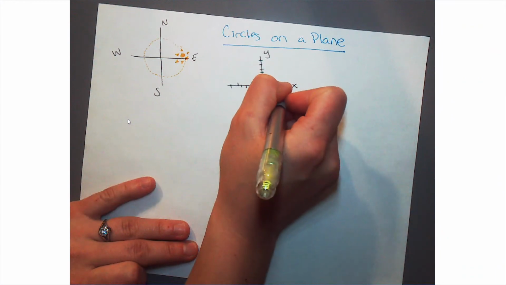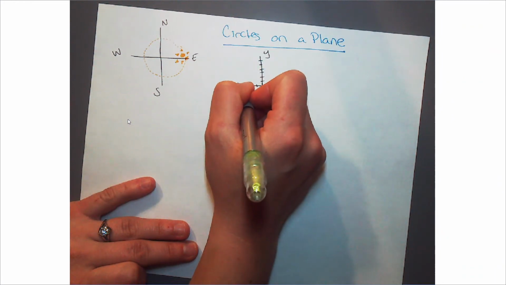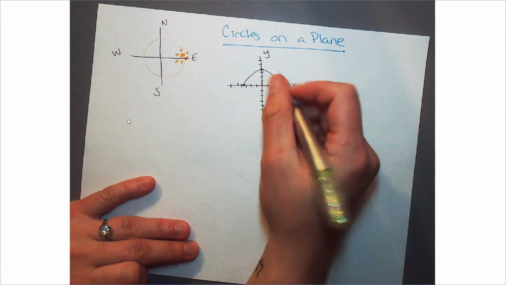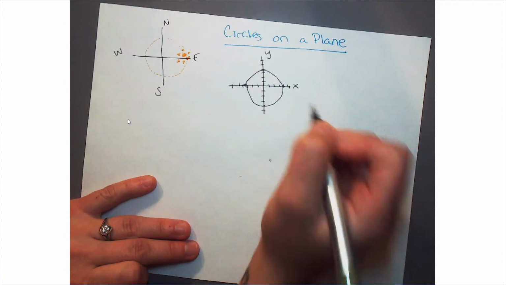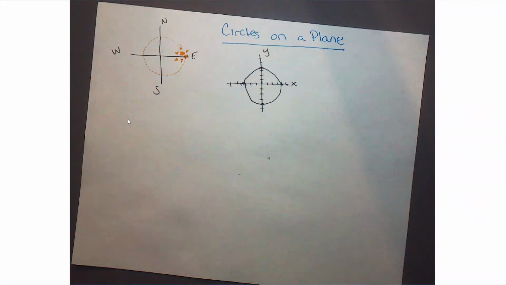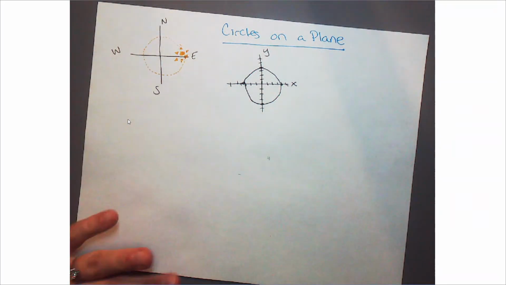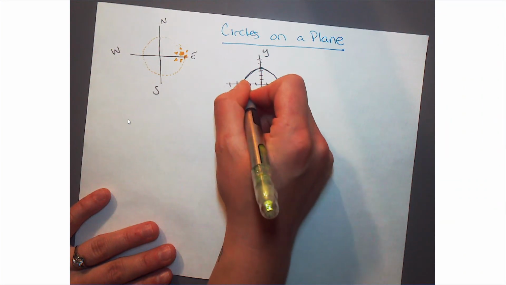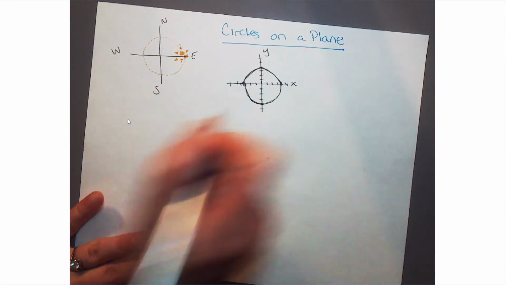I'm going to plot these points to give myself some grounding. So here's our circle on a plane, on the XY axis.